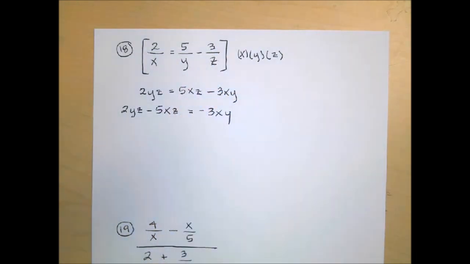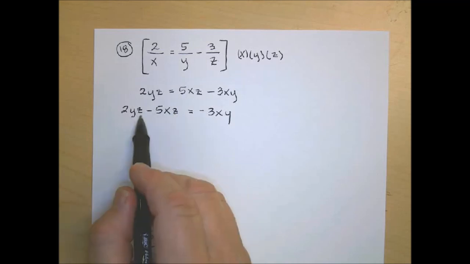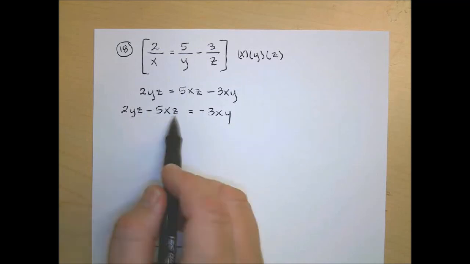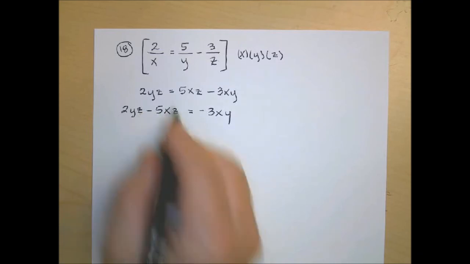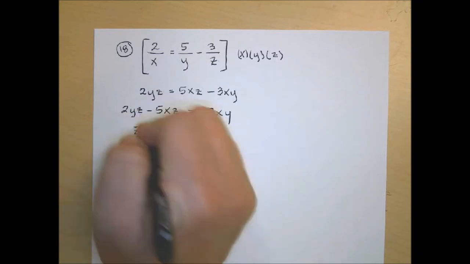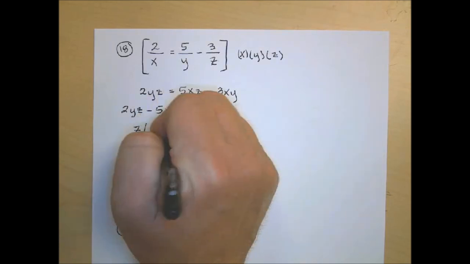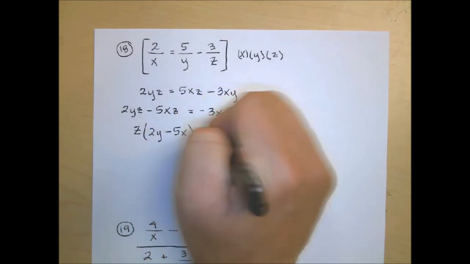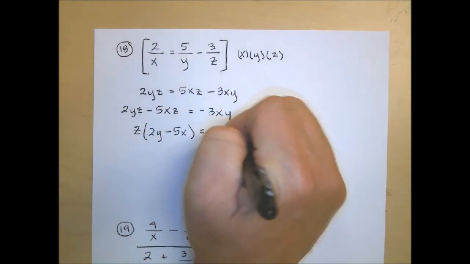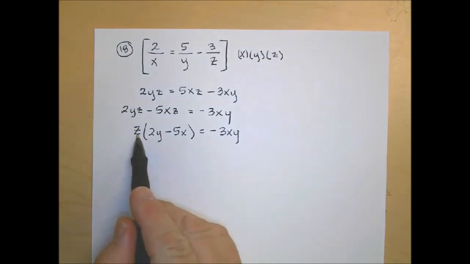Now, the reason I did that is so I can factor out a z. Two different terms that have z in it isn't going to help me with what I need, but I can factor a z out of those two terms as the greatest common factor, and I'm left with 2y minus 5x equals negative 3xy. And now I really only have one more step, because remember, the idea was to solve for z.